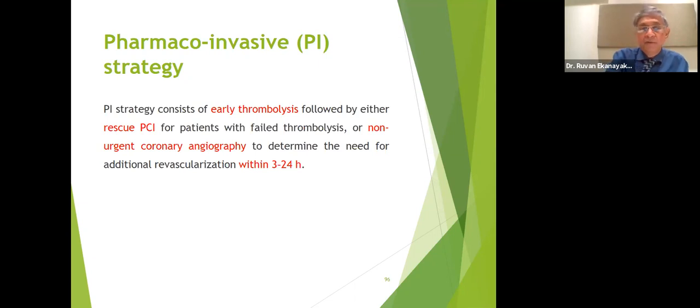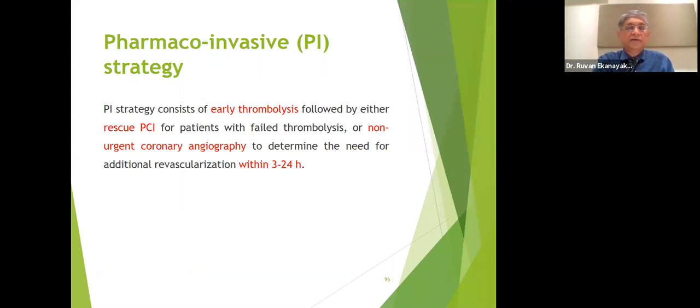Now, after you give a thrombolytic agent, if you wait for 3 hours and do the angioplasty, the bleeding complications are less. And if you do it within 24 hours, the myocardial salvage is greater.